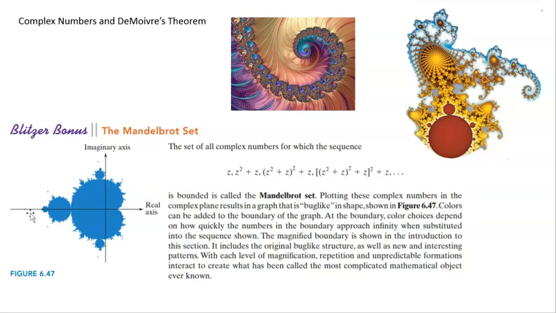It says the magnified boundary is shown in the introduction to this section, which is top right over here. It includes the original bug-like structure as well as new and interesting patterns with each level of magnification. So they're saying if you zoom in on just a little bitty part of this graph, and then zoom in more and more, you're going to see repetitions of this same shape over and over.